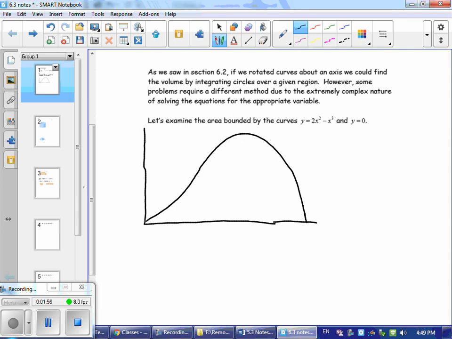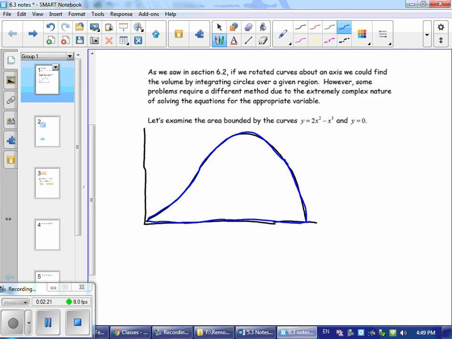So if I'm bounding this thing by that curve and y equals 0, of course, being the x-axis, here's our bound. And then let's see if I can trace this in blue. Probably should have just drawn it in blue in the first place. There's something like that.